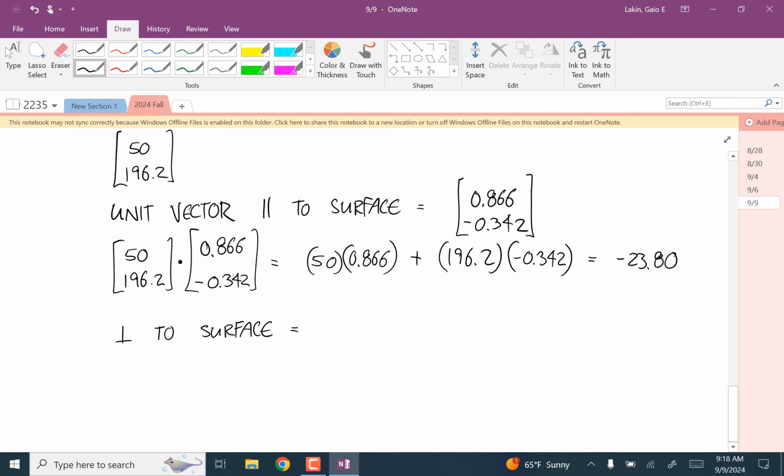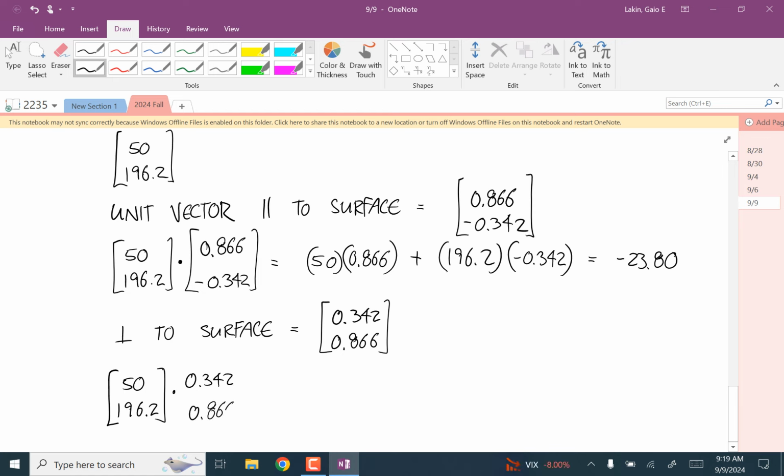So that is positive 0.342, positive 0.866. And so we got 5196.2 dotted with this, 0.342, 0.866.